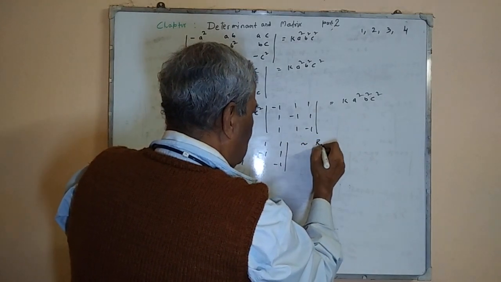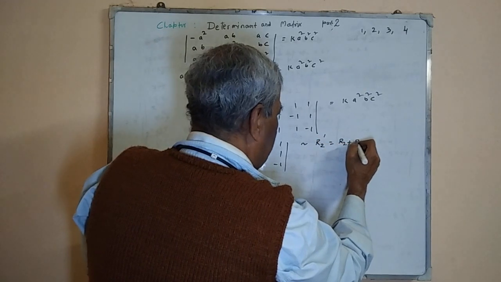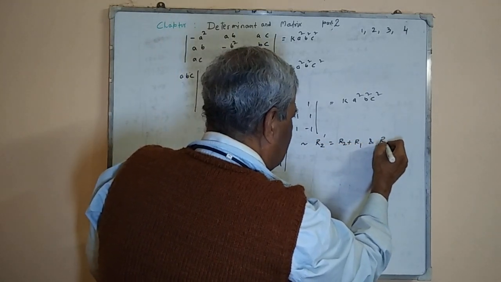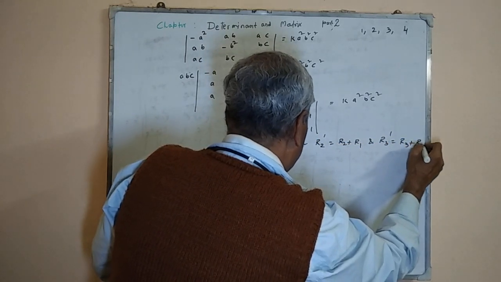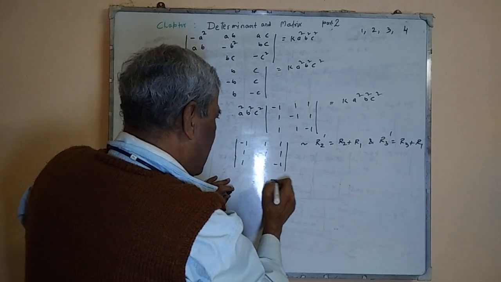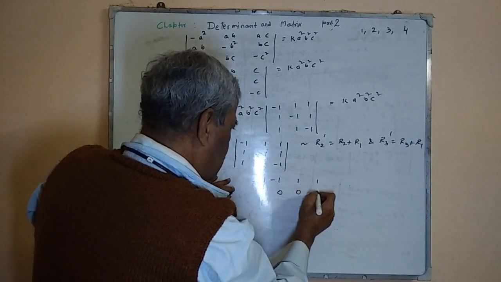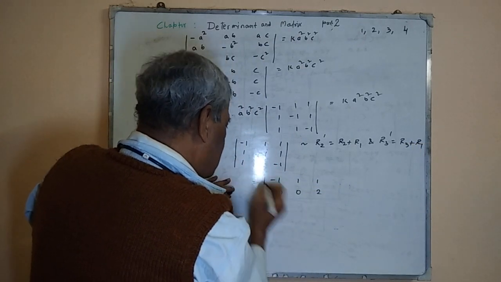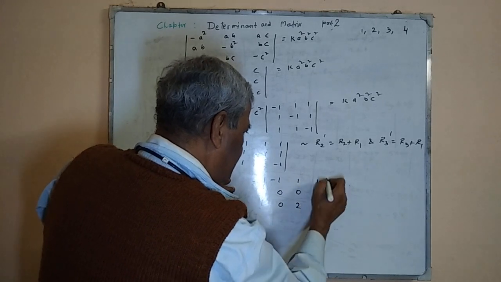Operating R2 dash is equal to R2 plus R1 and R3 dash is equal to R3 plus R1, this is equal to minus 1 1 1, this is 0, this is 0, this is 2, and this is 0, this is 2, this is 0.